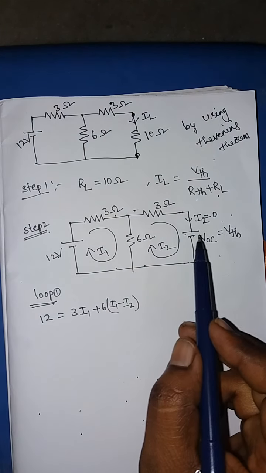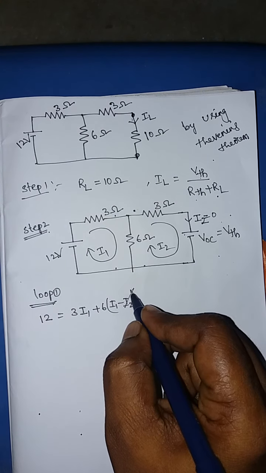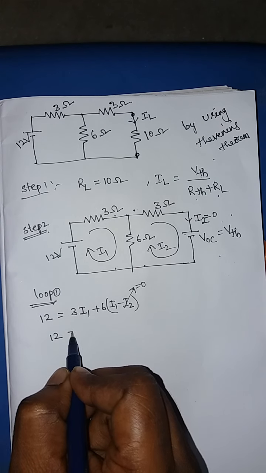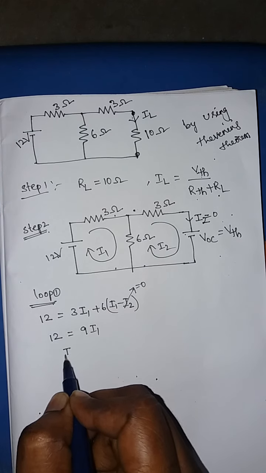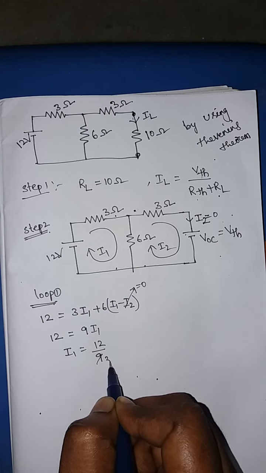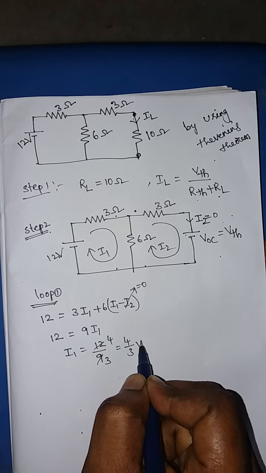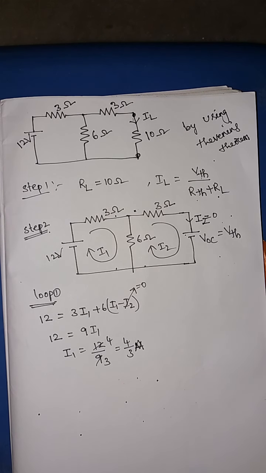And here you know that the value of I2 is equal to 0. So this term will vanish. Hence 12 is equal to 9 I1. Hence I1 is equal to 12 by 9. 3 3s are 9, 3 4s are 12. This is 4 by 3 amperes.